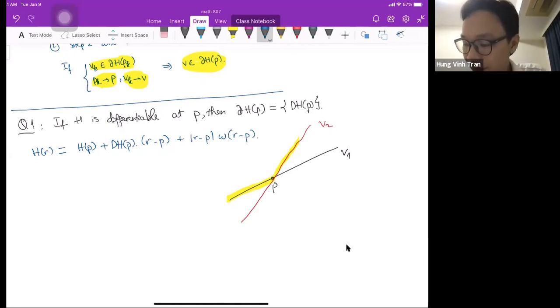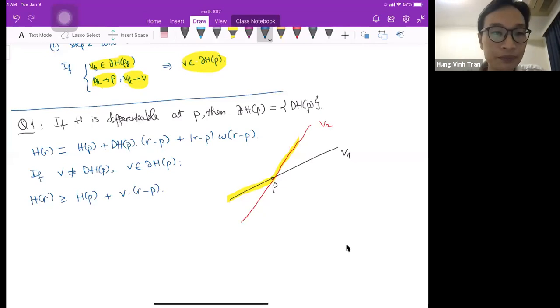And if you have v that is not equal to dh of p, and v is in the subgradient set of h, then you also have that h of r is greater than or equal to h of p plus v dot r minus p. You can have that too.